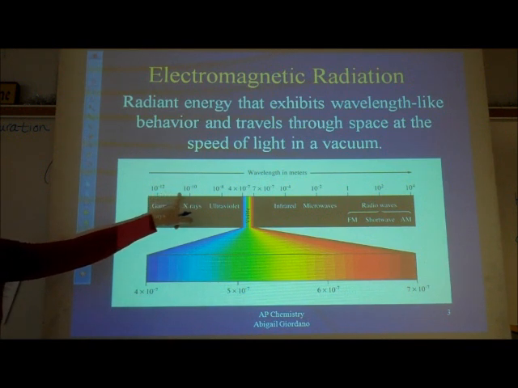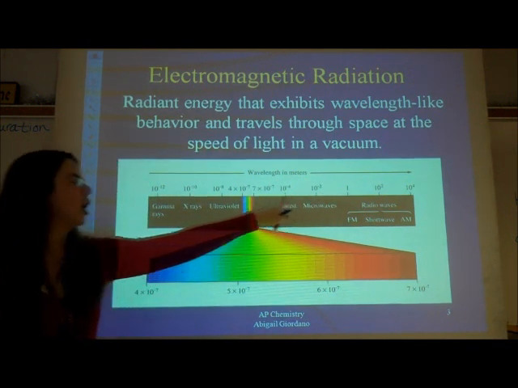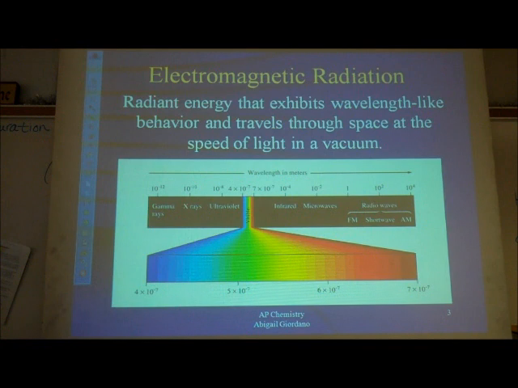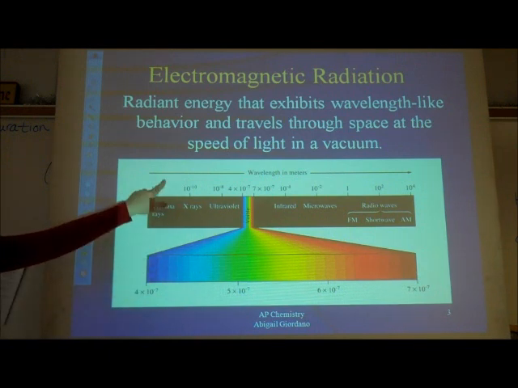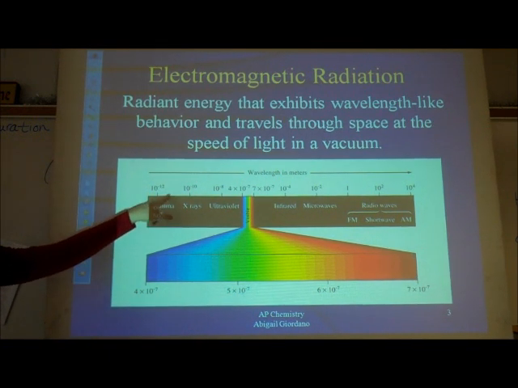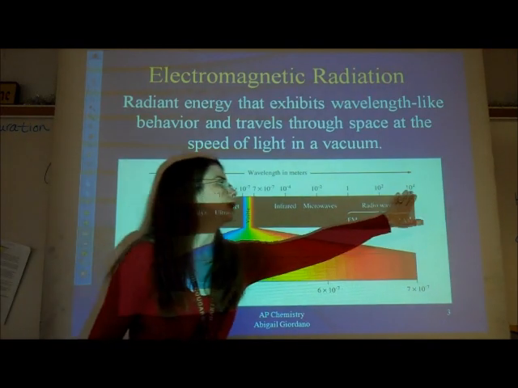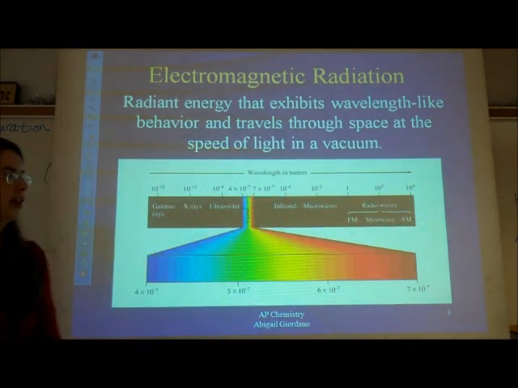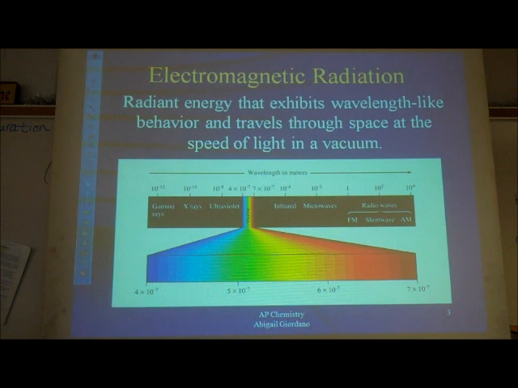The numbers running along the top are wavelengths, because these are all things that travel in waves. We have very small, short wavelengths on the left, and very large, long wavelengths on the right.